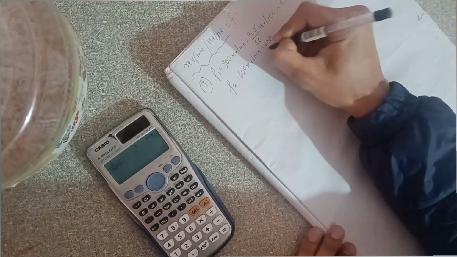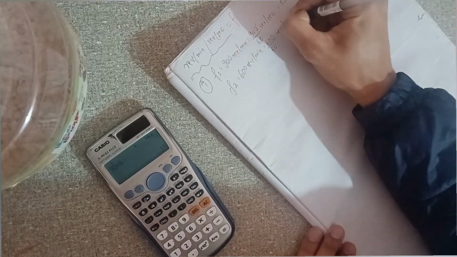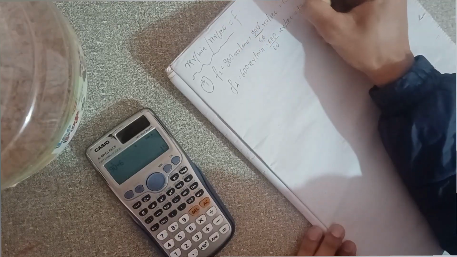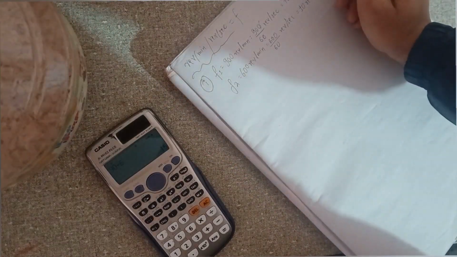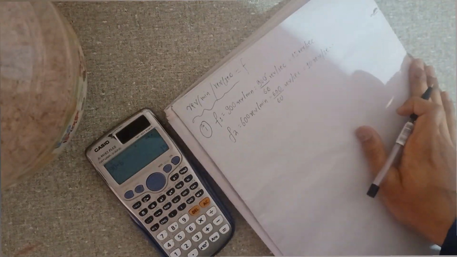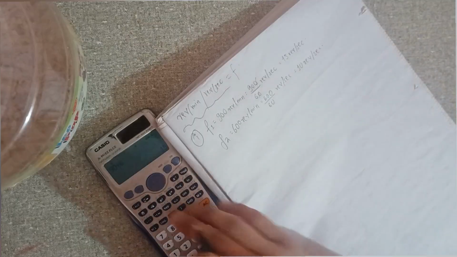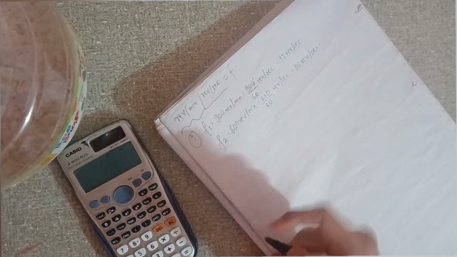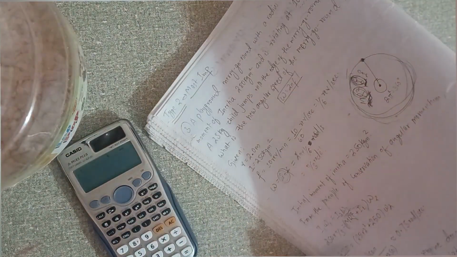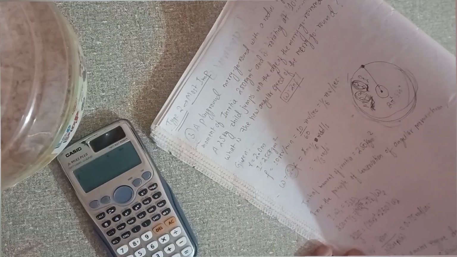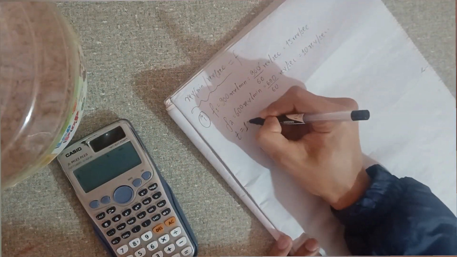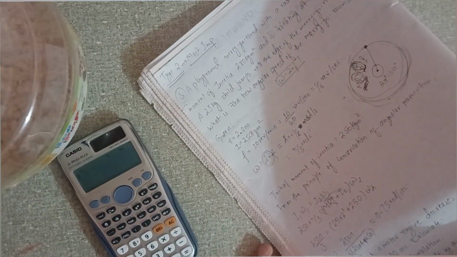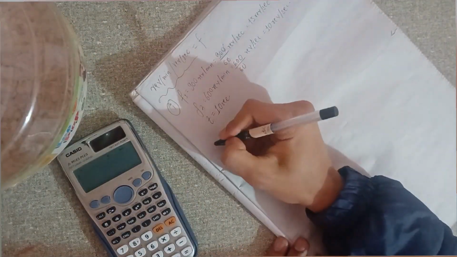This is 600 by 60, 10 rev per second, as you can see. Then what else does the question say? Time is given, 10 seconds. We need to find the angular acceleration.